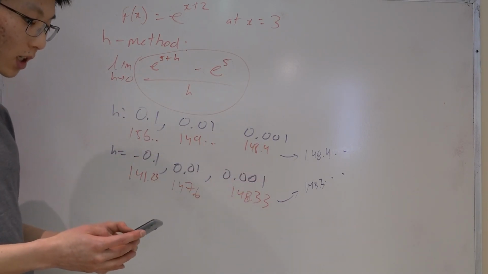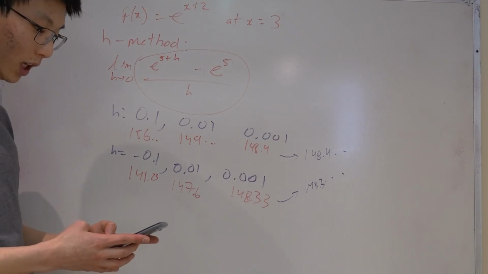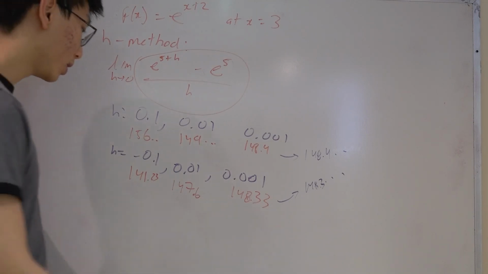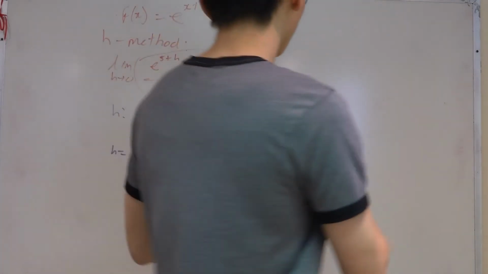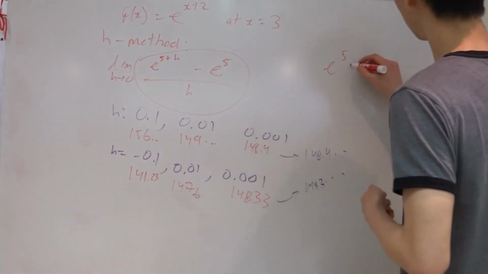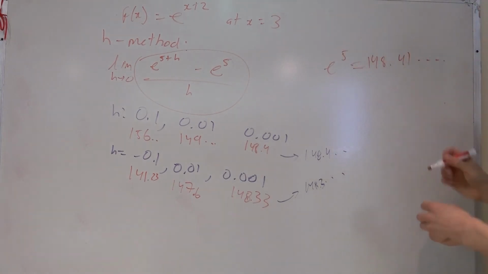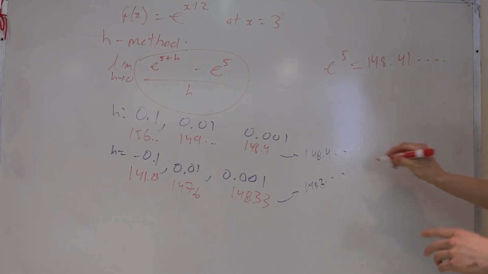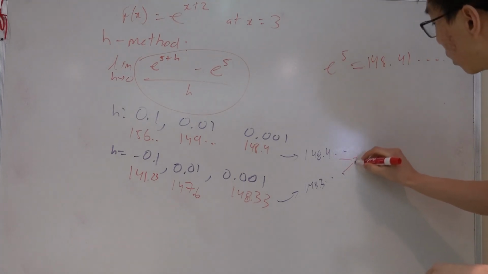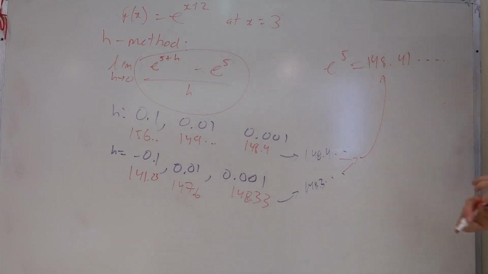Now, I want you to try something, and that is finding what e to the 5 is. What is e to the 5? It is 148.41 something something something. And it turns out, I'm not going to tell you why right now, that these two numbers are actually getting closer and closer to this, e to the 5.